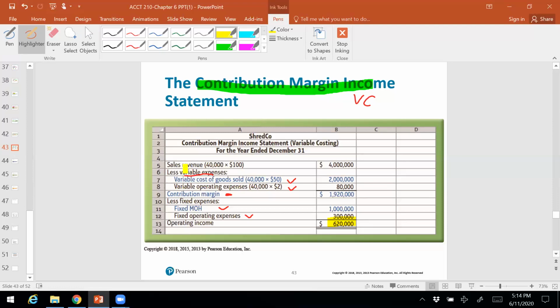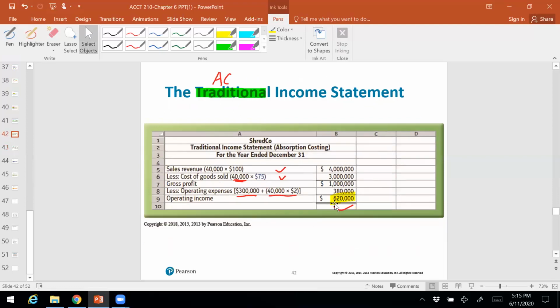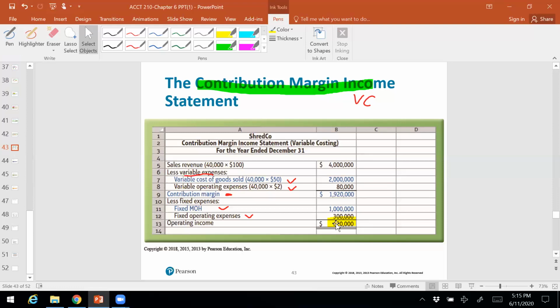I'll show you the magic in the next video, but for now, you are actually right. In this situation, our operating income is the same, 620,000 and 620,000. So am I wrong or not? I'll answer that question in my next video.